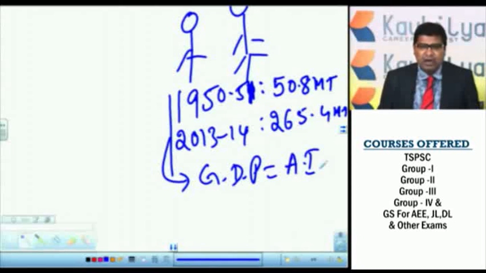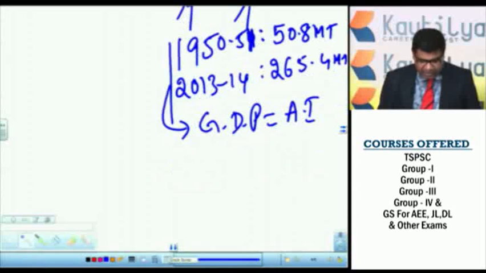Economic growth observes how industrial production is taking place, and how agriculture production or service exports are taking place. So economic growth can be described in terms of greater commercialization of economic activities.